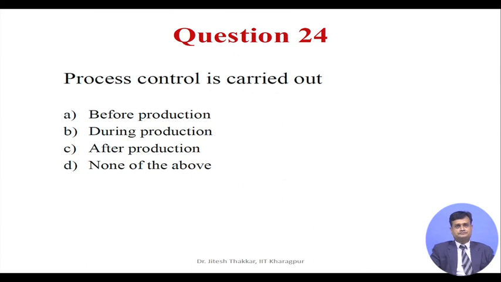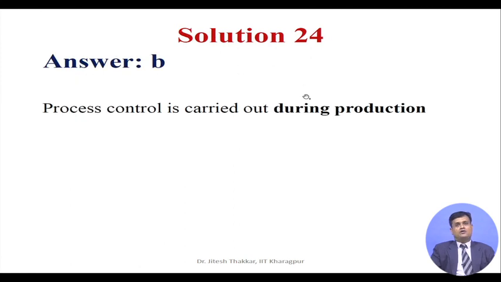Question 24. Process control is carried out A, before production, B, during production, C, after production, and D, none of the above. So, basically we talk about statistical process control, which is an online quality control methodology, and process control is carried out during production. Answer B is correct.